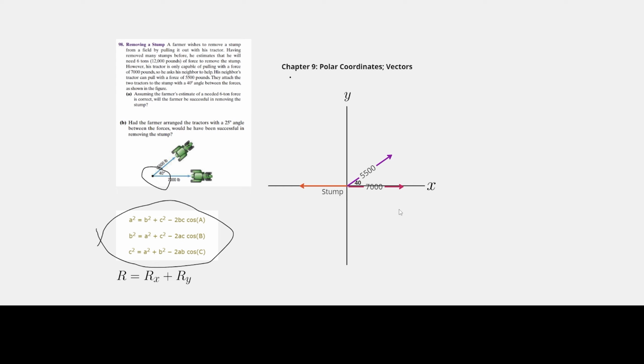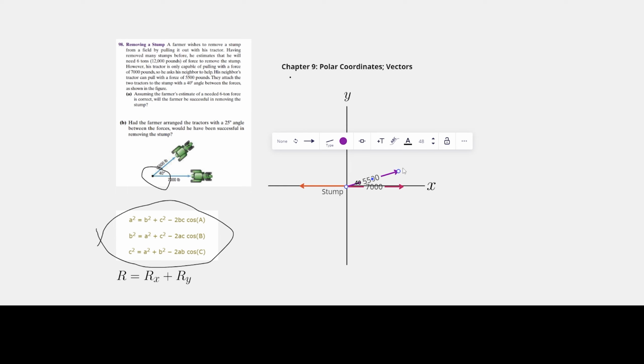I want to explain why it is that with the tractors at a 25-degree angle, there's more force now. As I say, this vector is getting closer and closer to this second vector, so the forces are just increasing, opposing the stump. Because in the cosine function, when you're using a lower degree, that cosine value increases all the way until the degree becomes 0.